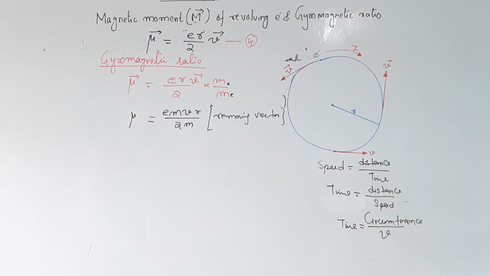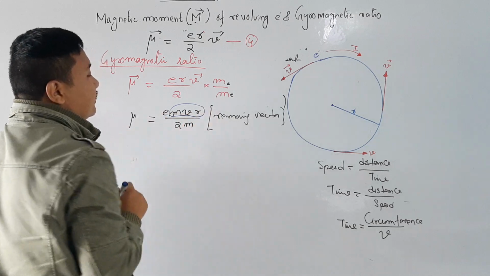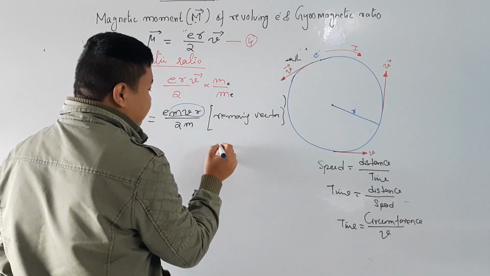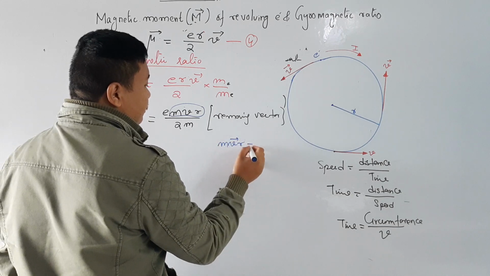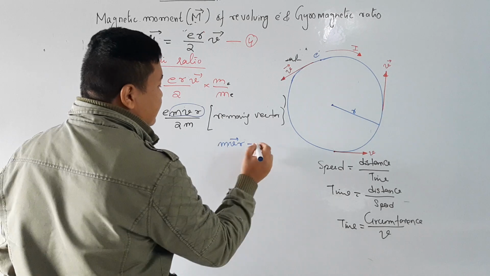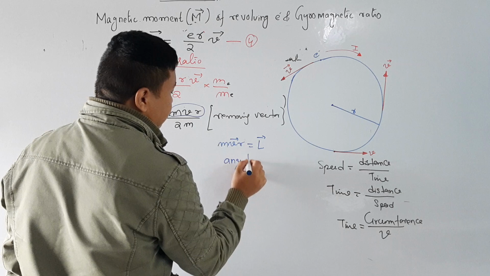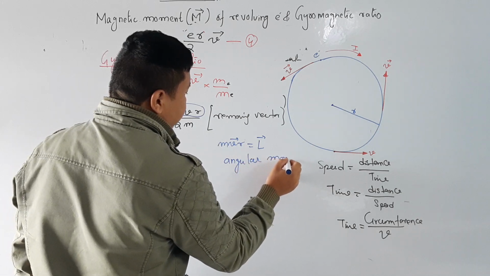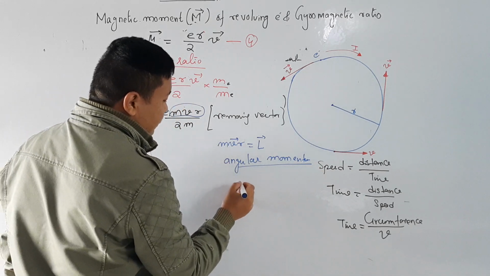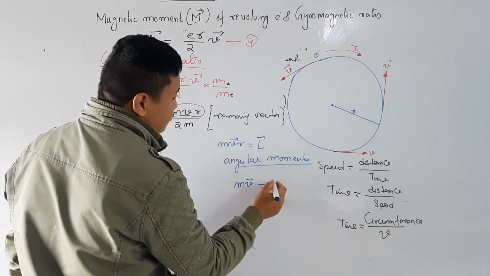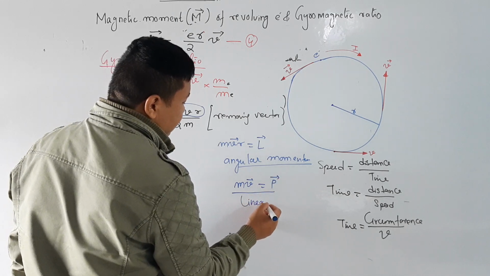Now m v r is some quantity which we studied in class 11. What is m v r? It is the L vector, which is angular momentum. Also you know that m into v vector is equal to p vector, which is called linear momentum.